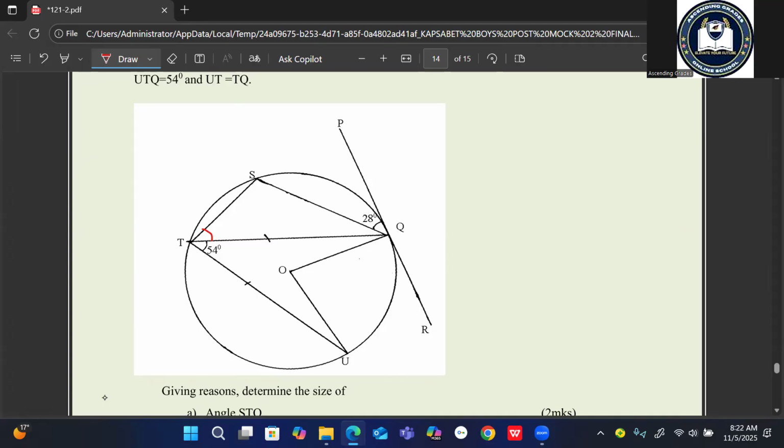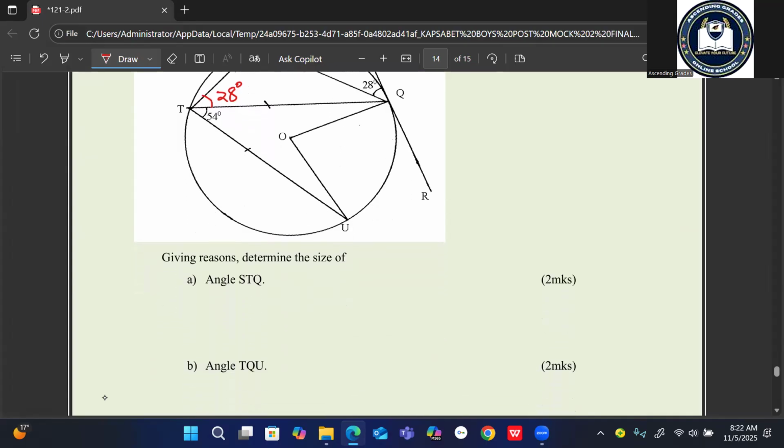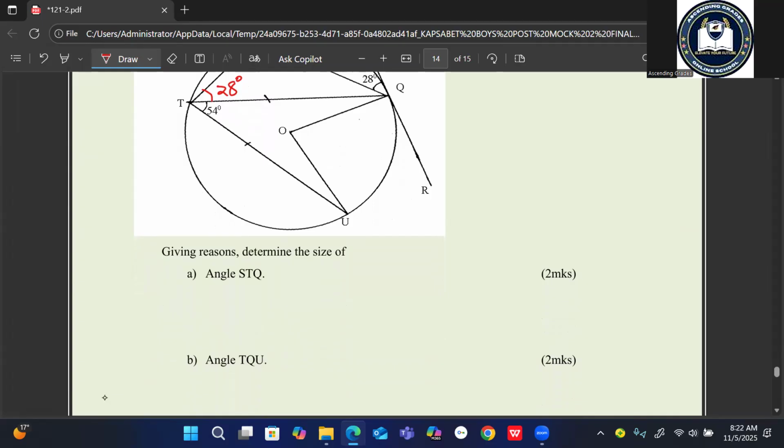So the angle has to be equal to 28 degrees. So angle STQ is 28 degrees, because angles in alternate segments are equal.